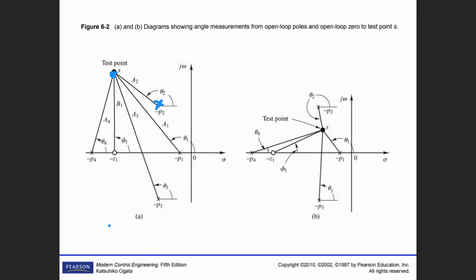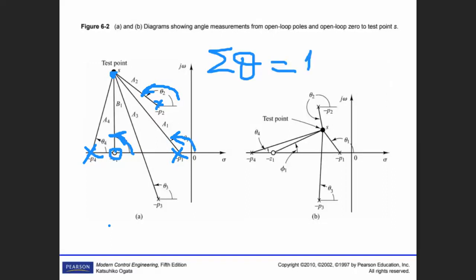Angle of that one, angle of that one. That one is 0, by the way. This is a pole, this is a pole, and this is a pole. And those angles, the total angles theta, should be 180 or an odd multiple of it. That is the rule. Anyway.